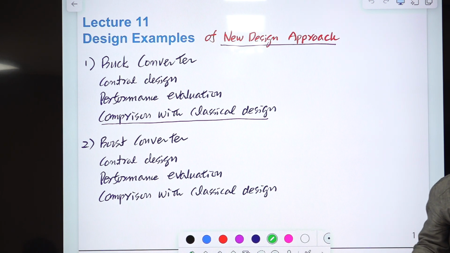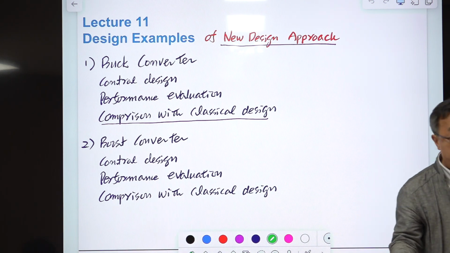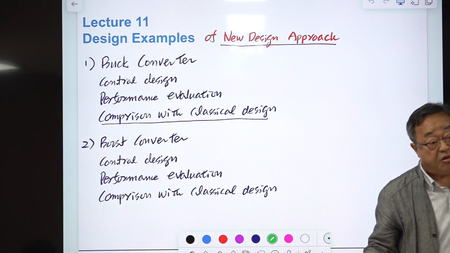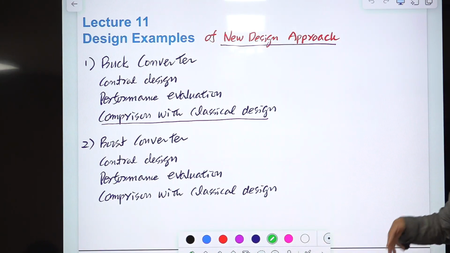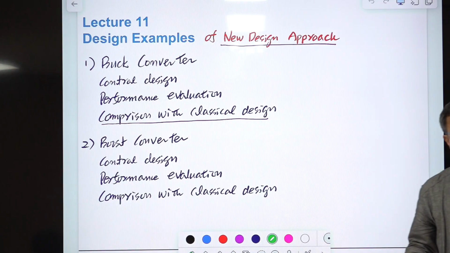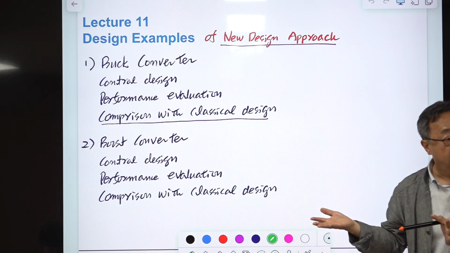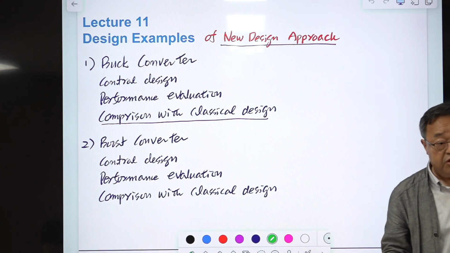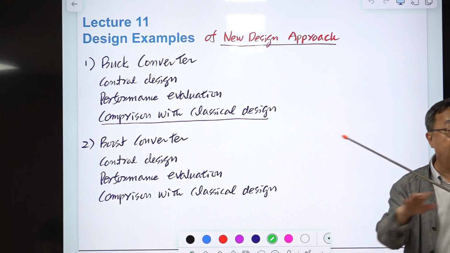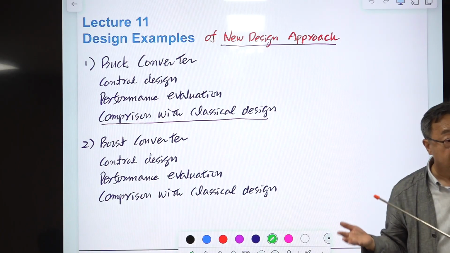So it will affect something, but this change is very minor. As I said, we are keeping the result of the classical analysis. We keep the main frame, and this sampling effect can be considered as an add-on to the existing model. That concept is new, okay?